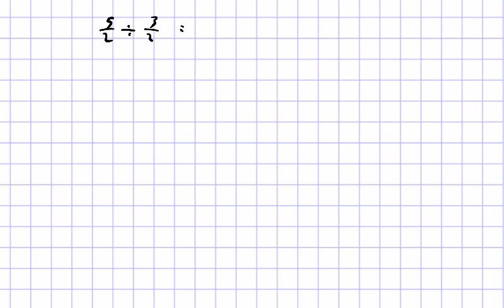So this could be rewritten as 5/2 over 3/2, or sometimes in the math textbook you'll see 5/2 and then a larger bar over 3/2, indicating there's sort of implied parentheses here.